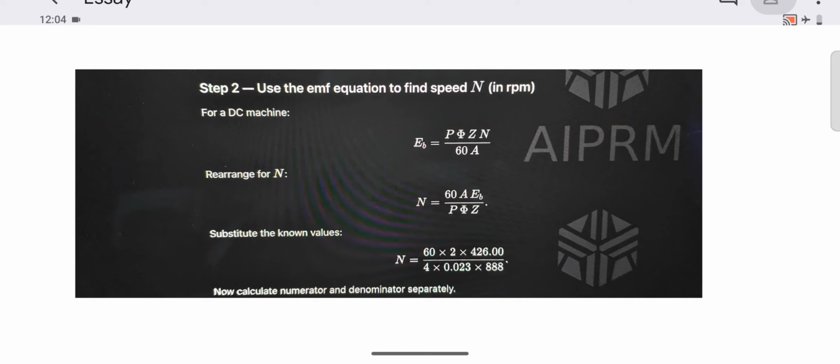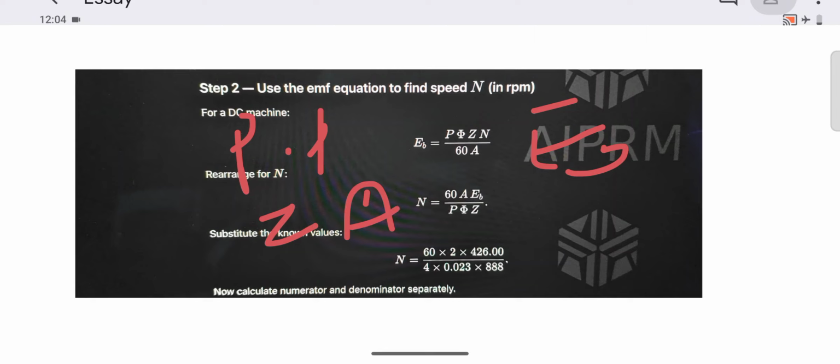EMF is equal to P phi Z N divided by 60A. Here N is the speed, so we have to remember this formula. For this, we have to calculate the induced EMF. P is given, phi is given, Z is given, and A is also given. So only in this we have to calculate Eb.